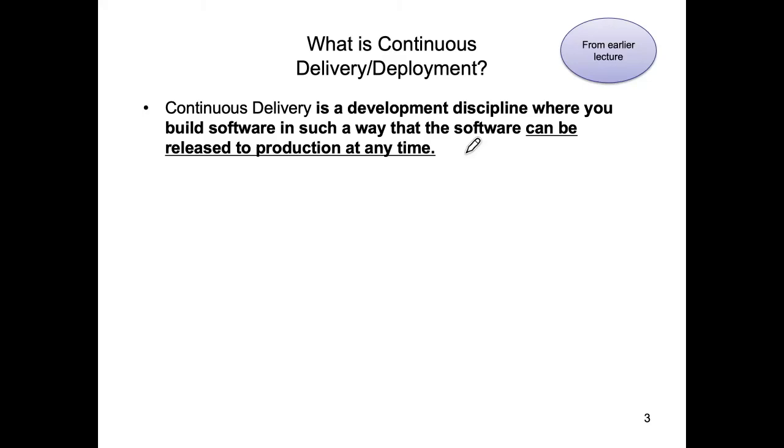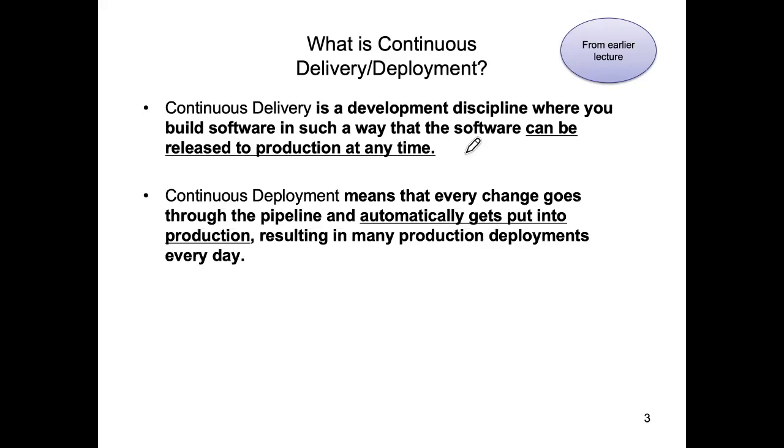The decision to deploy it to the production environment will have to be done manually. Okay, that's continuous delivery. Continuous deployment is where after your CI/CD pipeline has deployed the application to the staging environment, then it automatically deploys it to the production environment. There's no manual intervention.